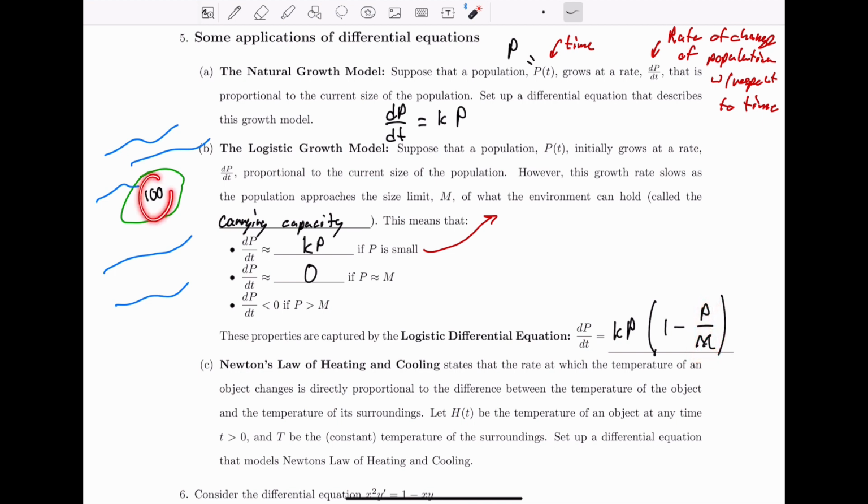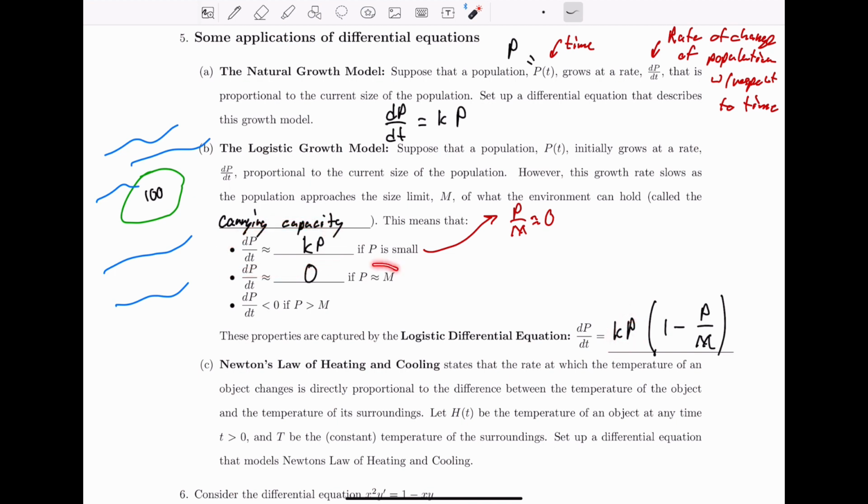In this case, we're thinking of 100. So we have a small number over 100. This fraction would basically be 0. So if the population is small, then P over M is approximately just 0. So we have 1 minus 0. So inside the parentheses here, we just have 1. So we multiply 1 by kP. In that case, we get rate of change approximately equal to kP.